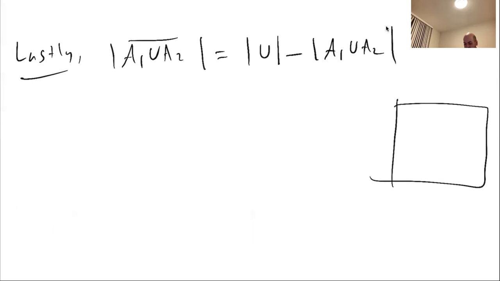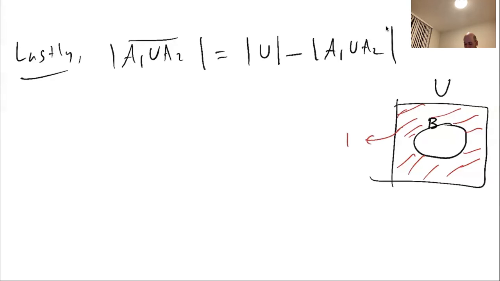Let's say this is U, the universal set, and let's say you have a set B, for example. If you want to know the number of elements in B complement, meaning this area, you can easily do it. Just find the number of elements in U minus the number of elements in B. That gives the number of elements in B complement.